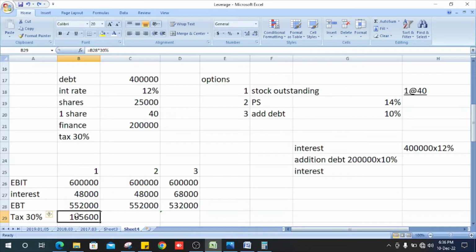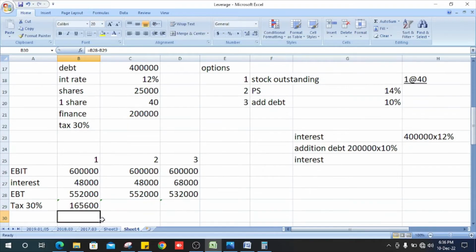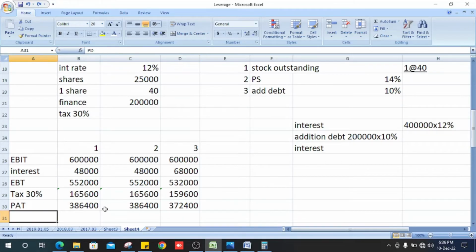The earnings before tax multiplied by 30%. 552,000 multiplied by 30% is 165,600. Next, we can get the profit after tax, the EBT minus tax. Get the answer. And next we can get the preference dividend.